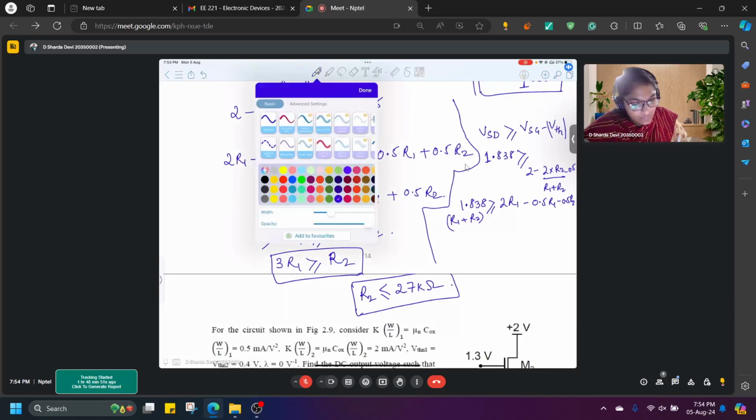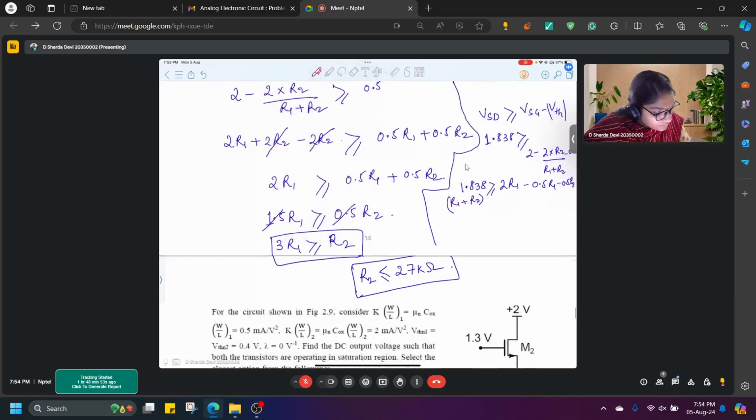And 1.838 R1 plus 1.838 R2 is greater than or equal to 1.5 R1 minus 0.5 R2.